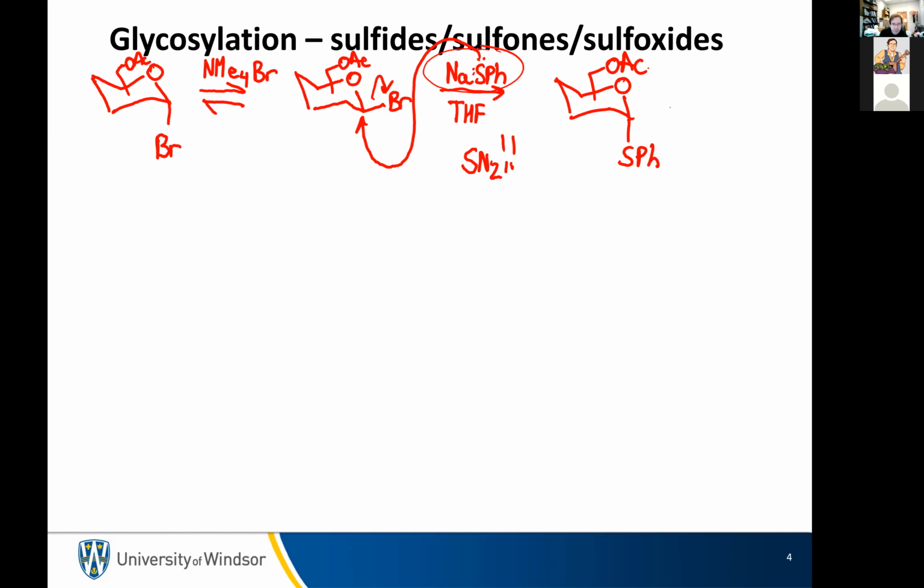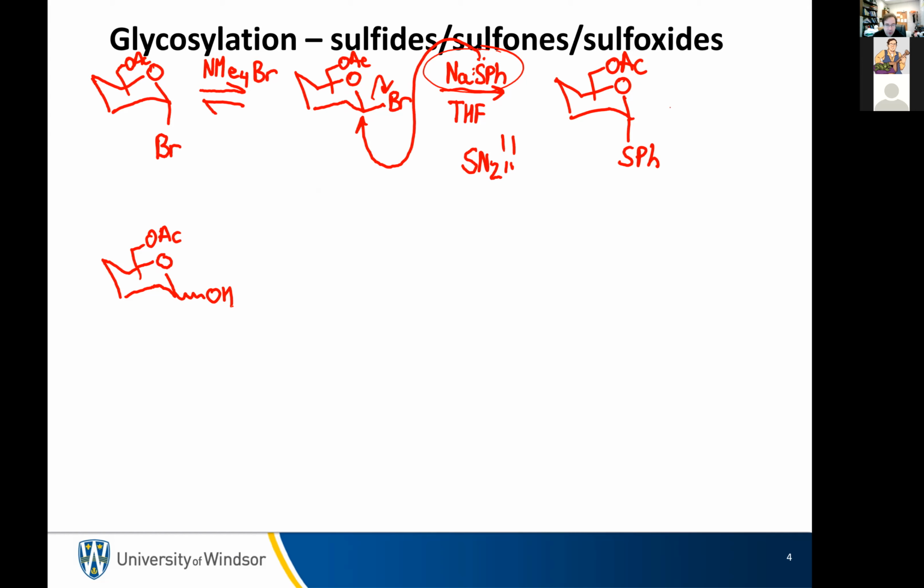But sometimes this stuff can be just a little bit too harsh. So as an alternative, notice the wiggly line. If you go back to lecture 1, we were talking about mutarotation. You can't have a stable compound if you have an OH at the anomeric position. It'll flip back and forth between the equatorial and the axial.